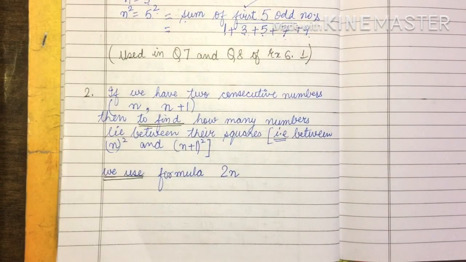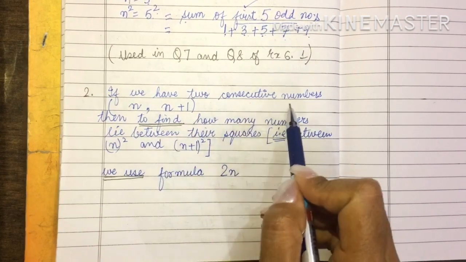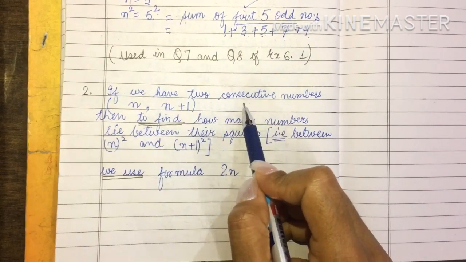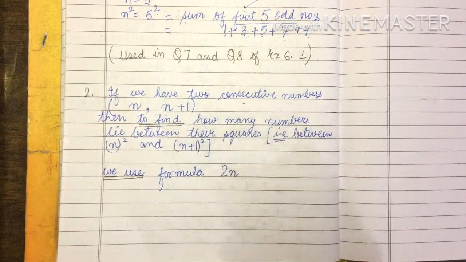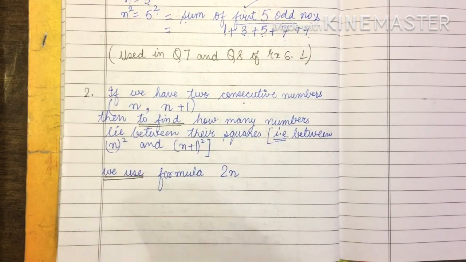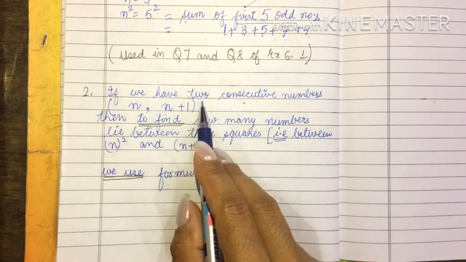The next property that we have is, if we have 2 consecutive numbers. Consecutive numbers means the numbers which come one after the other in the counting. For example, 2 and 3, 11 and 12, 98 and 99. The numbers which come one after another, and I have to take 2.